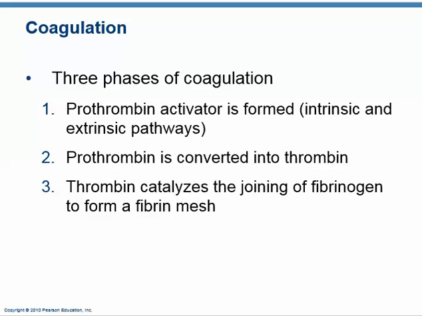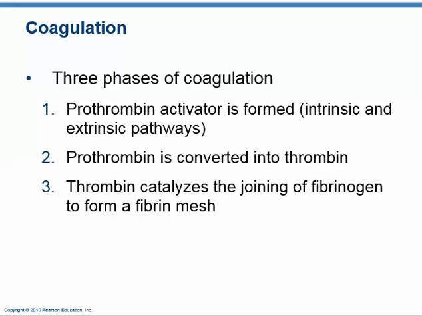And there's kind of 3 phases. So one of the things is prothrombin activator is made, and then prothrombin is then converted into thrombin, and then thrombin makes fibrinogen turn into fibrin and form the mesh.